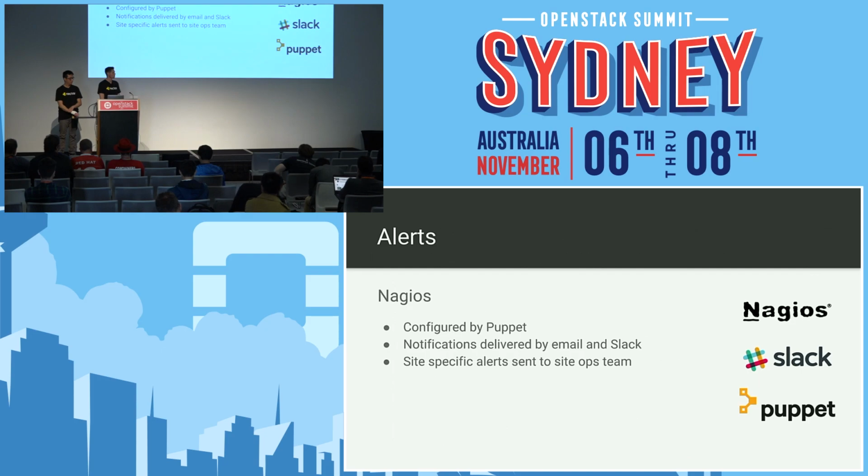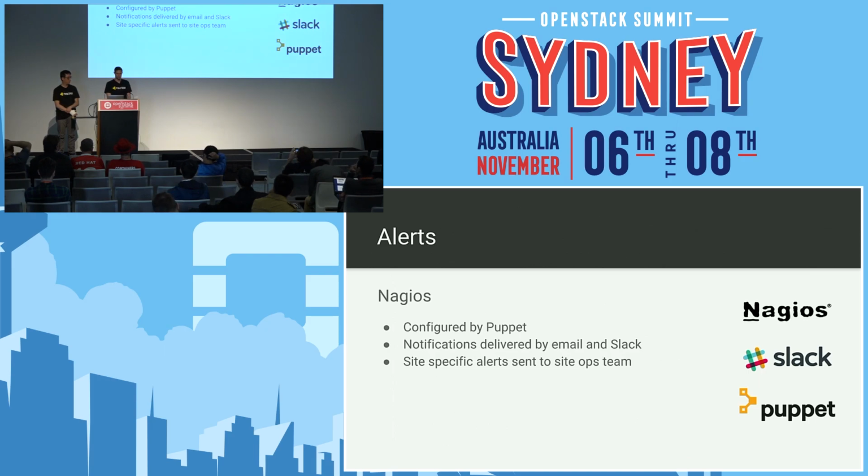So we almost get it for free if we bring up new hosts. All of that testing configuration is generated automatically for us. So although Nagios can be painful, it also works quite well for us.